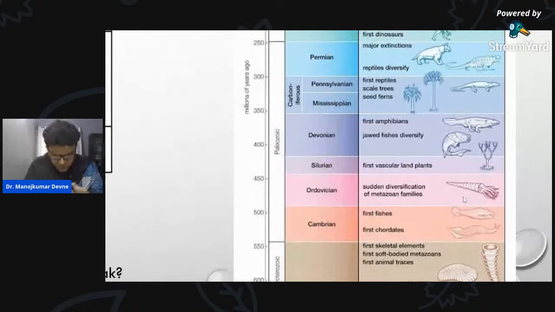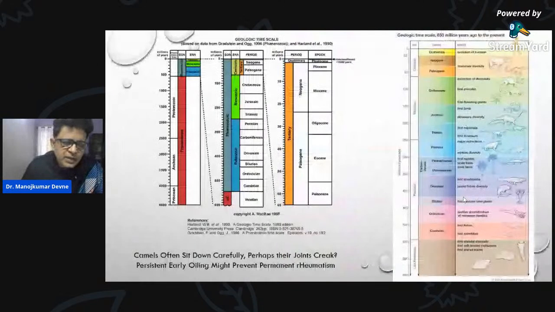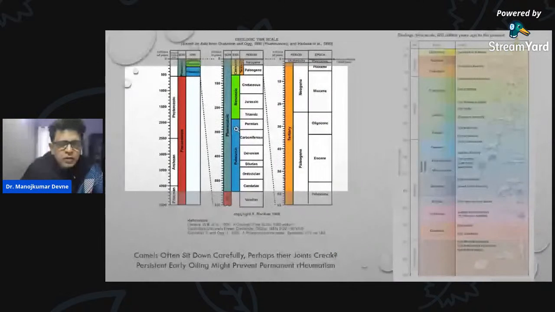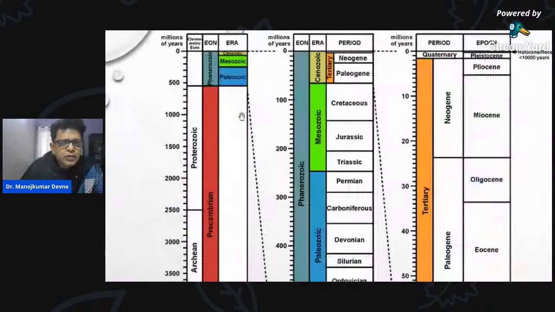Now, on a very broad scale, the geological time scale is divided into what are called eras. Now, I will just get you to that. Let me just enlarge this for you. You can see your chronometric eons, then you have the eons.